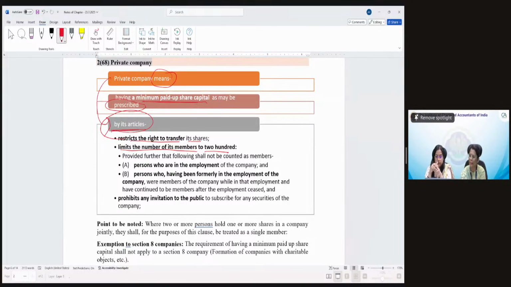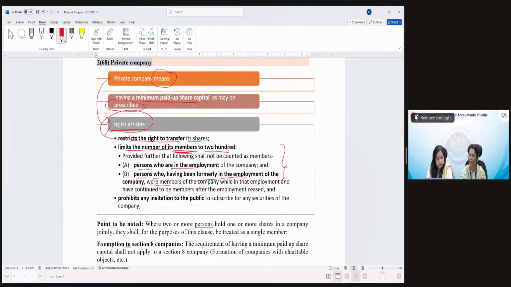But it has imposed a condition on when any person can be considered within this limit of 200 as a member. Any person who is in the present employment of the company will not be considered as a member. The next category is persons who were formerly in the employment of the company and were members at that time, and continued to be members even after ceasing the employment.